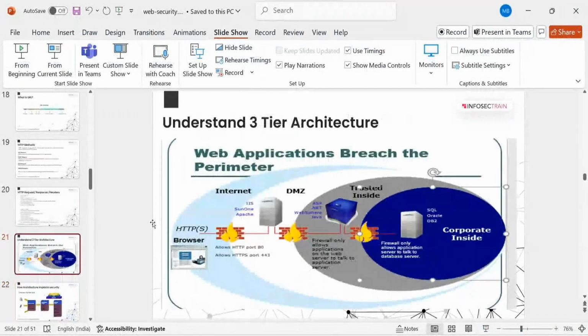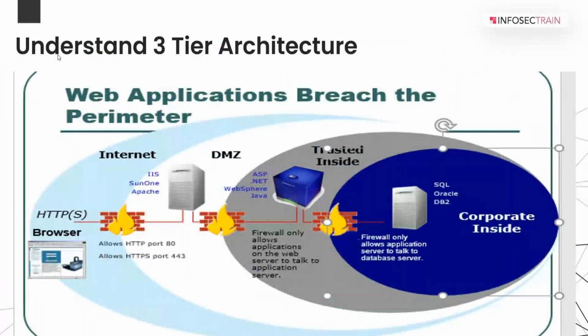Three-tier architecture, and that is very important. Let's suppose we have a browser and web server, right? So we'll talk here about the real scenario, like how it works in corporate, basically in an enterprise environment.